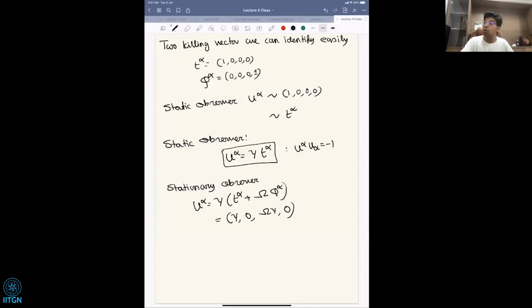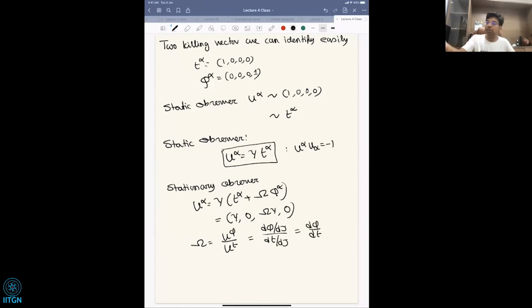What is the meaning of omega then? Note that omega, you can clearly see from here, is u phi by u t. And that is nothing but d phi d tau by dt d tau, and that is nothing but d phi dt.